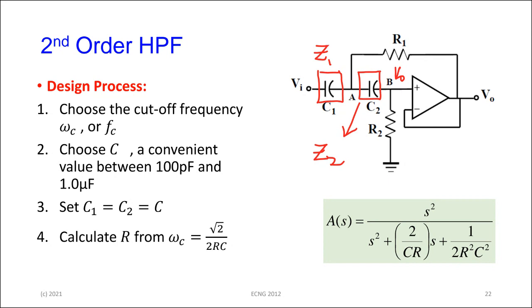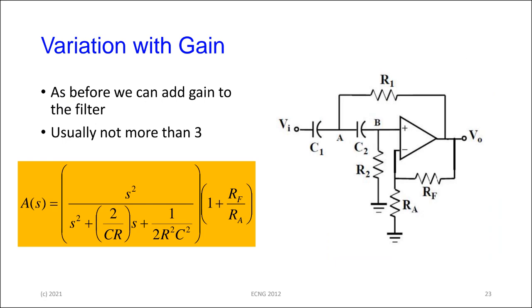One is twice the other one. And as we did before, we can put a gain onto it. So you put the amplifier and add the feedback and the ground resistor here, and we limit the gain to a fairly small value, just to compensate for the losses in the passive network, and to stabilize everything and get our gain coming back out at the voltage level that we want coming in.